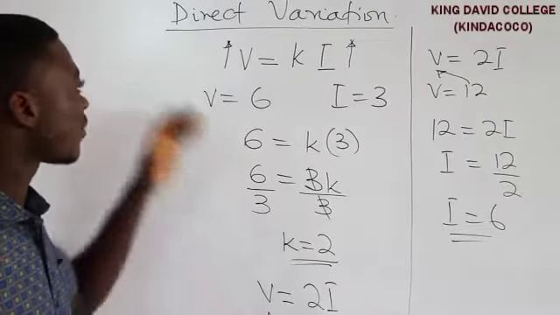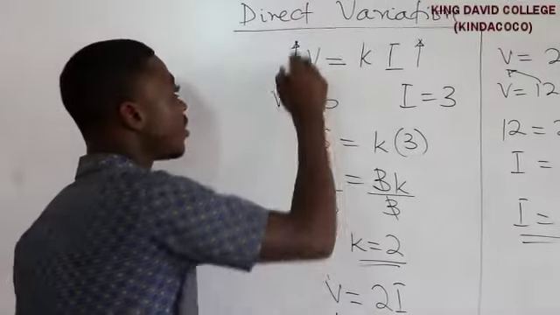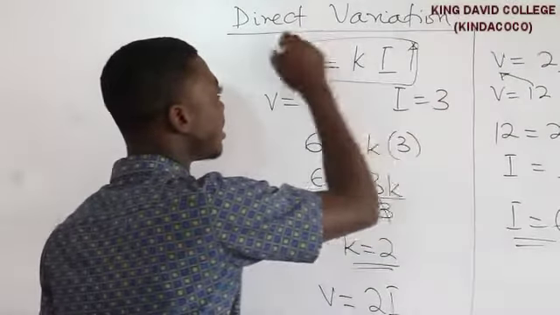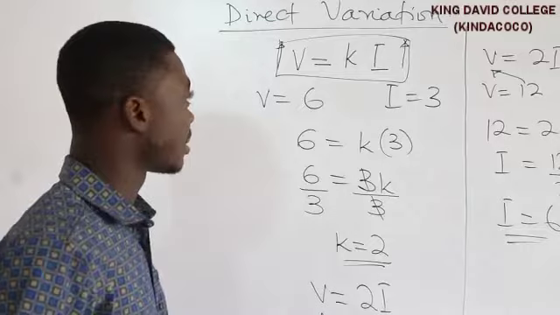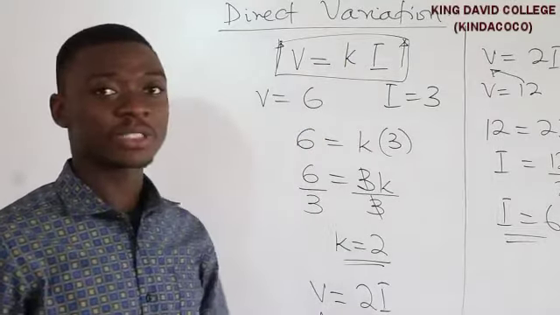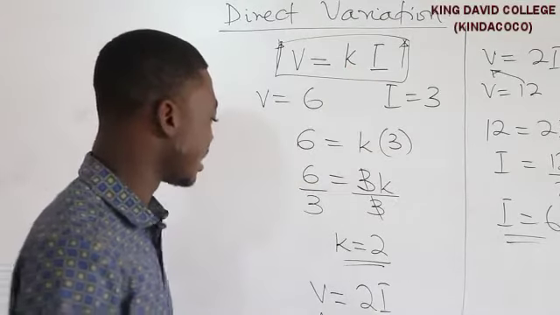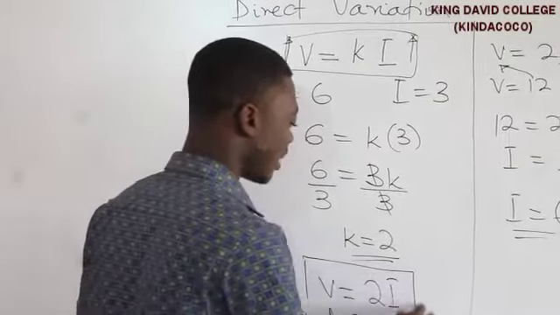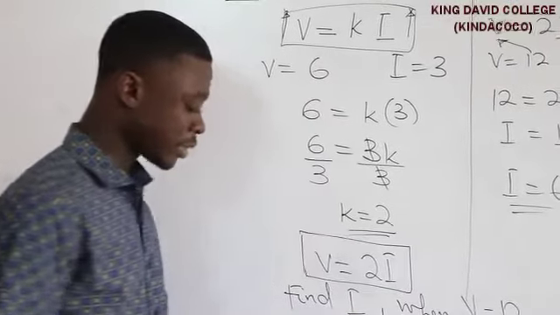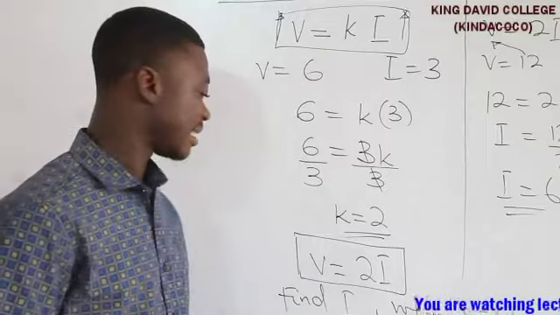Okay. So first of all, the most important thing in direct variation is generating your variation relationship or equation. After you do so, then you must determine the constant of proportionality. After determining that, then you have your final variation equation, which will involve only the two quantities that are understood.